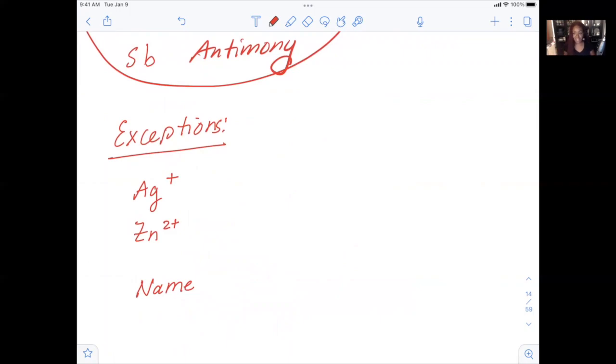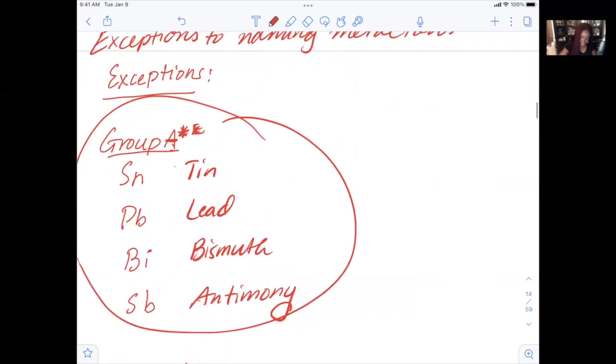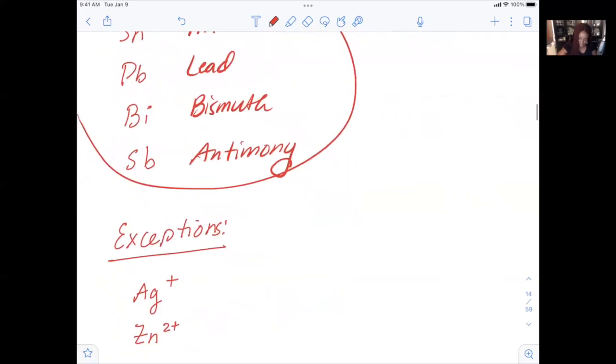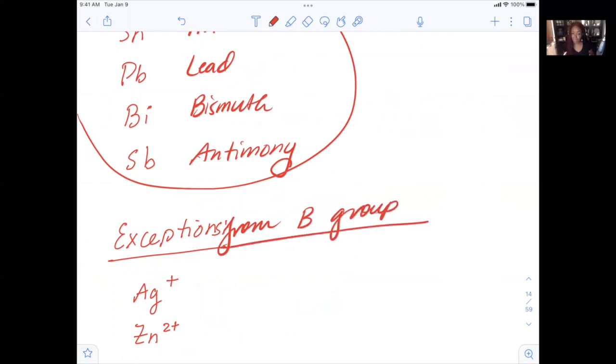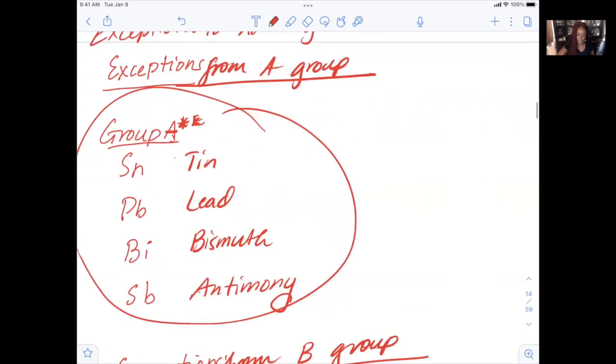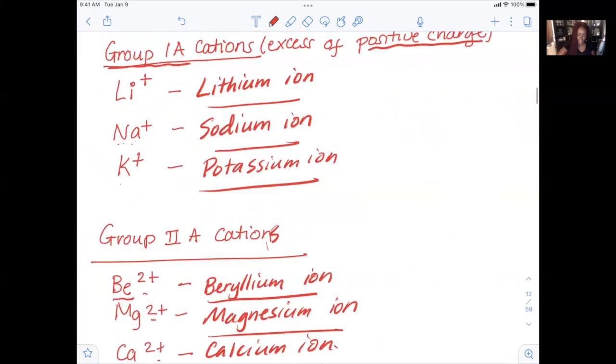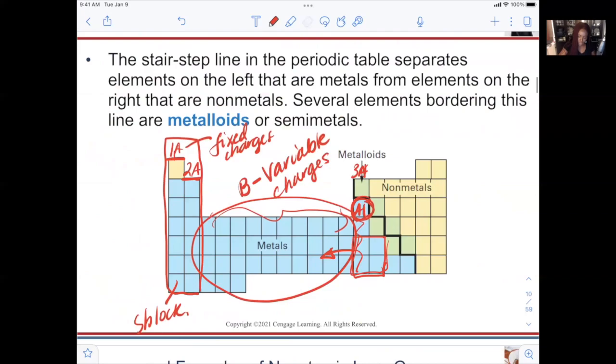Okay, other exceptions. You do have elements. Okay, these are exceptions from A group, just to be clear. We have exceptions from the B group. These are metals in the B group. We agree. Silver is in that B group. Zinc is in that B group. So going back to the periodic table, I know I don't have one here that shows you all the symbols and stuff, but let me try to draw them in here like they were actually here from the beginning.